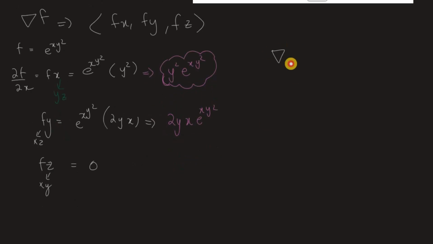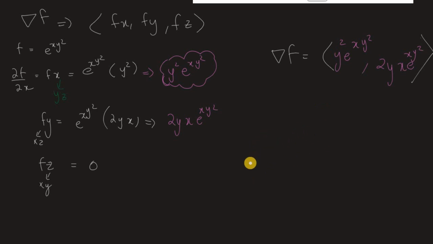So our gradient turns out to be f of x, which is y squared e to the xy squared, and then f of y, which is 2yx e to the xy squared, and f of z, which is 0, so we don't need to write it. Okay, so this is our gradient.